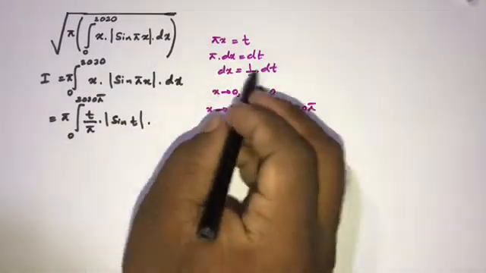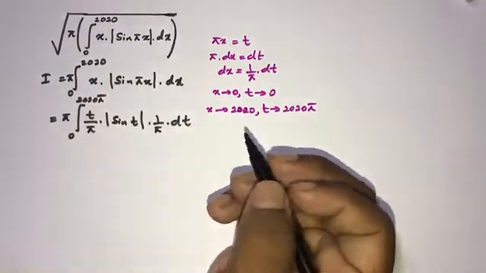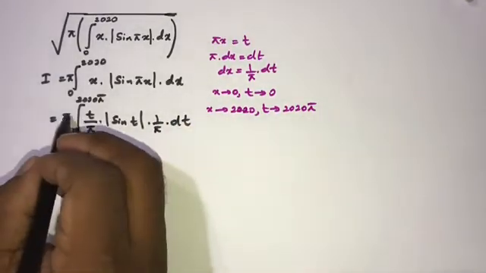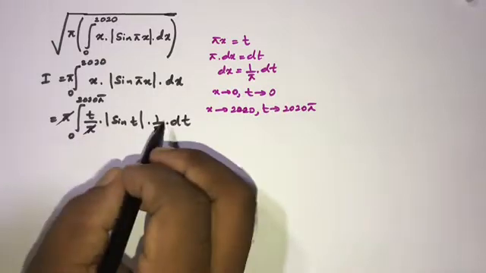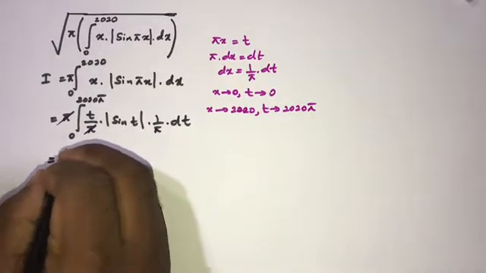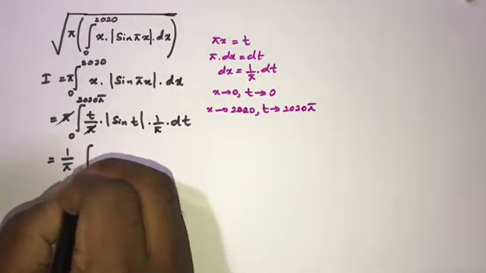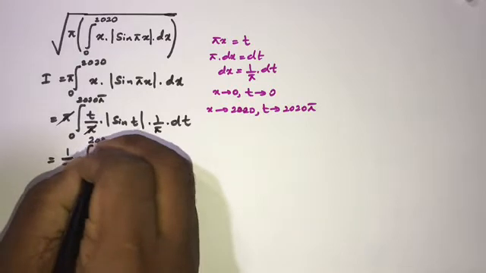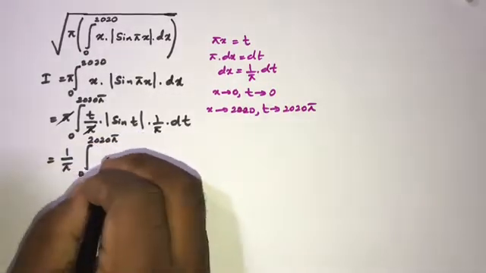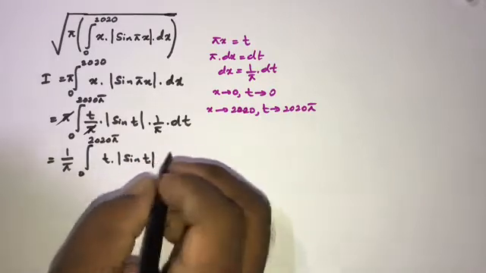Here dx is equal to 1 over pi dt. Now this pi gets cancelled, and here 1 over pi we can write outside of the integral because 1 over pi is a constant. So now we have the integral from 0 to 2020 times pi of t times absolute value of sine of t dt.